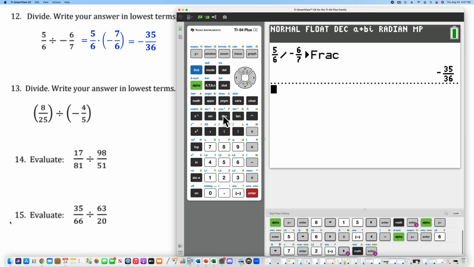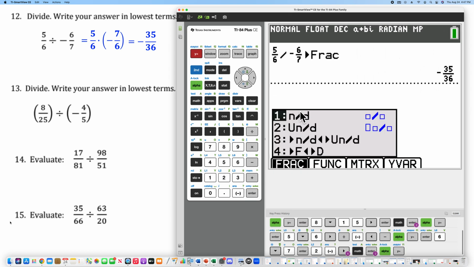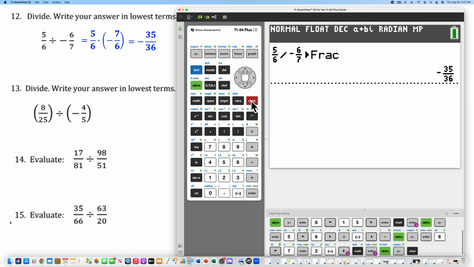Now, some of you, if you don't have that world famous alpha y equals, you don't get this pop-up window. Okay, here's what we're going to do. Using this problem here, you have to type it in the following fashion. A fraction is technically a division problem. So unfortunately, you have more calculator typing to do.